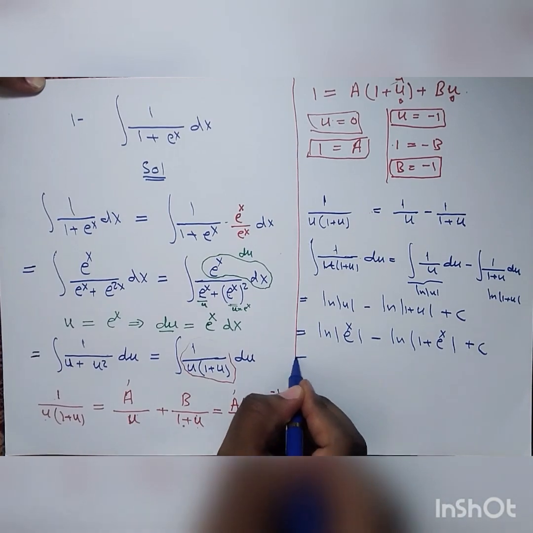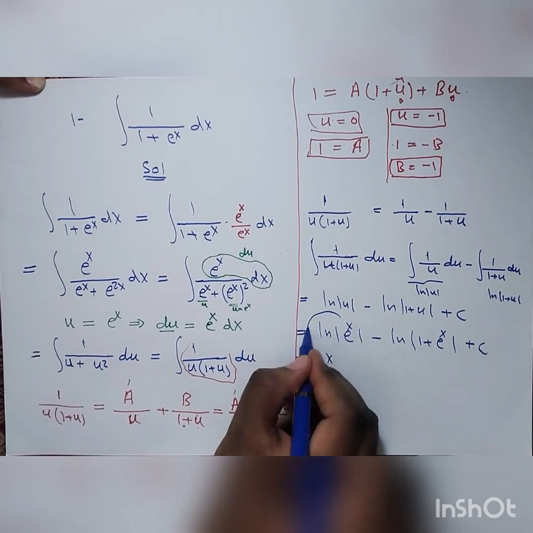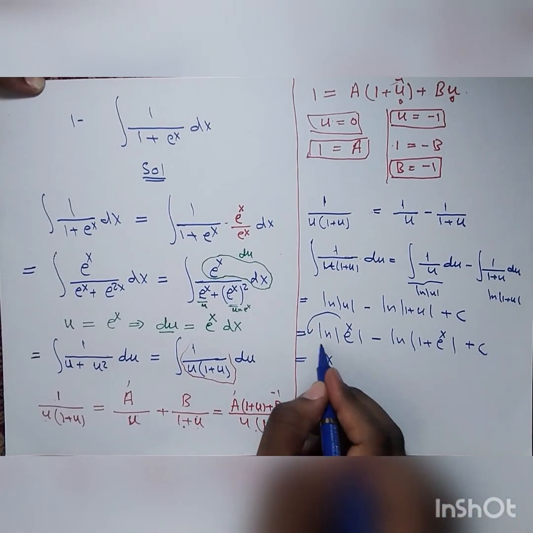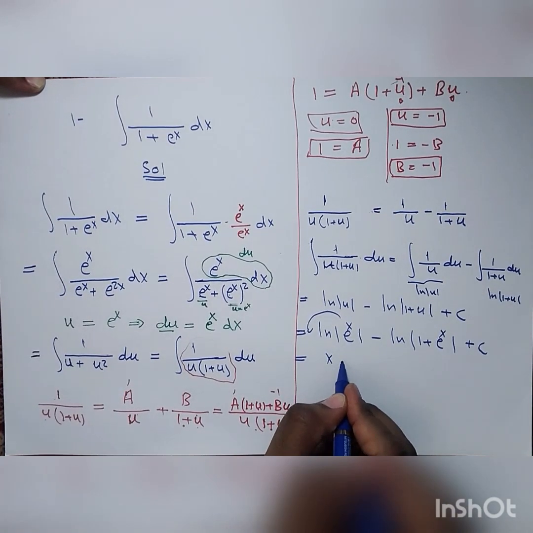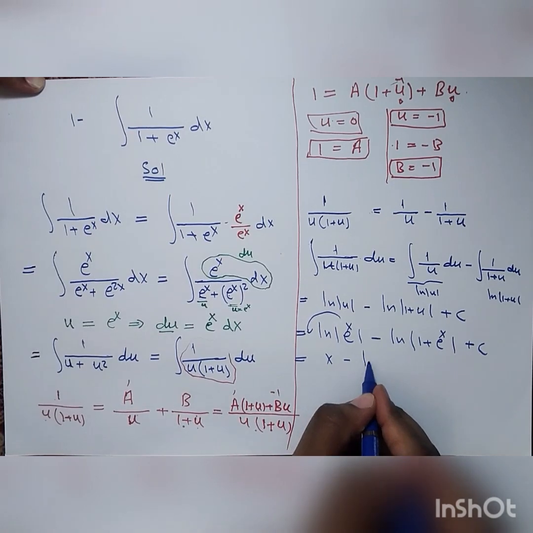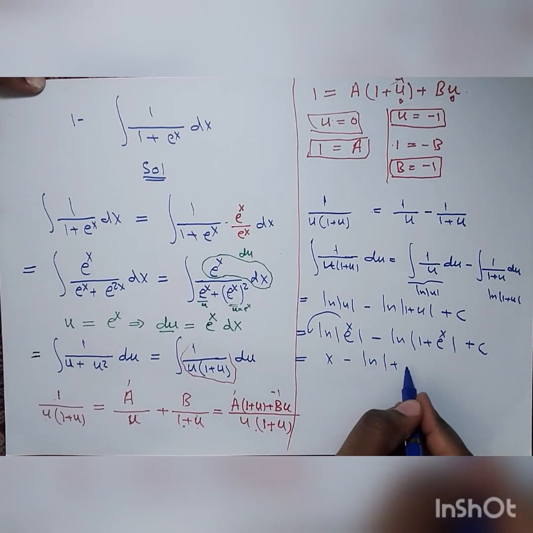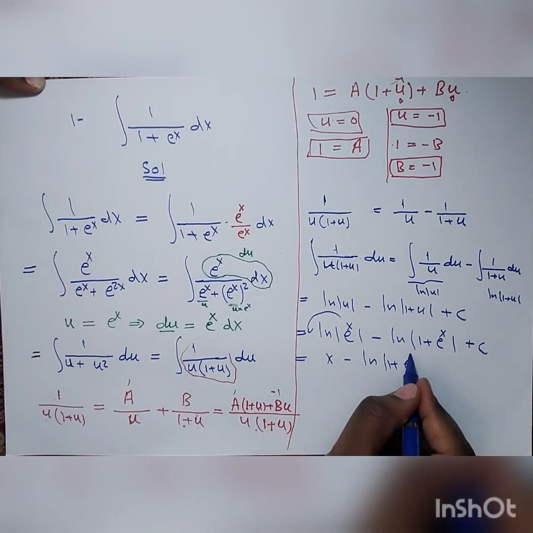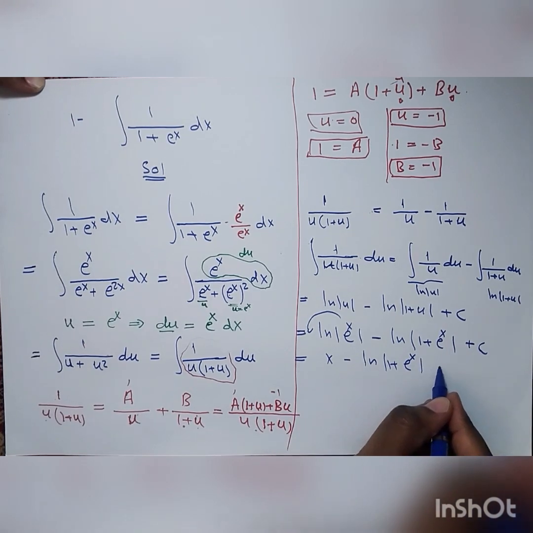Here that will be just x, because the natural logarithm of e is 1, so x minus ln of 1 plus e to the power x plus a constant.